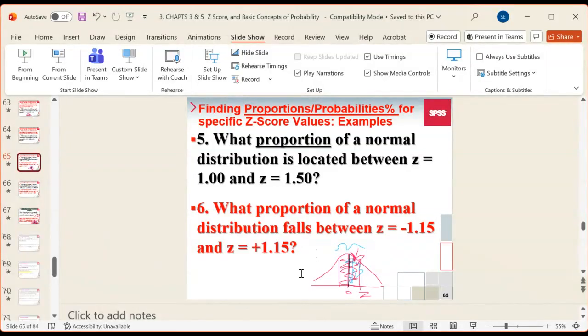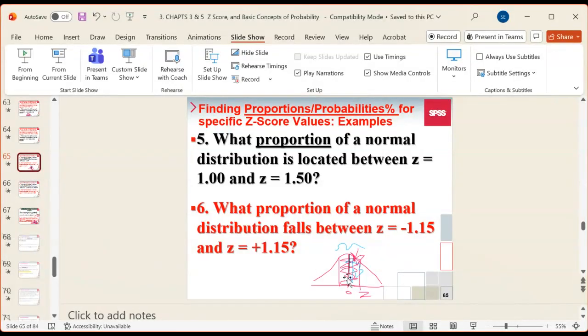It's just proportion. That means you don't have to multiply it by 100. It doesn't matter, proportion or probability. Just pay attention in multiple choice: if it says probability, then the answer should be a percentage. If it says proportion, the answer shouldn't be.